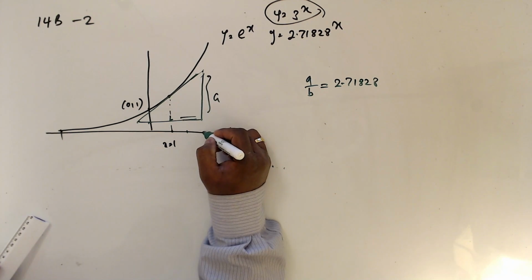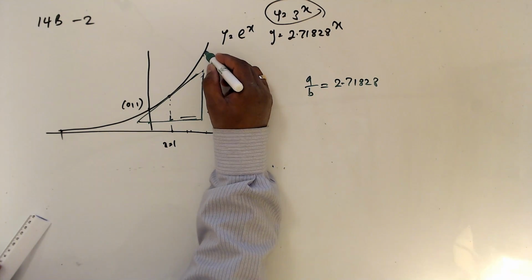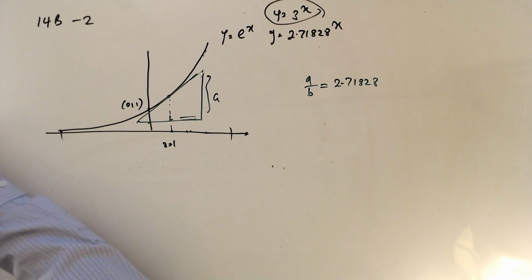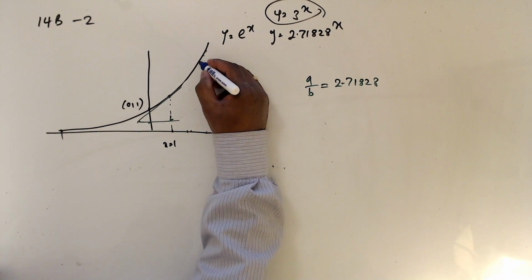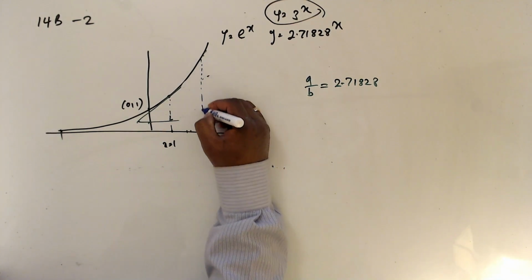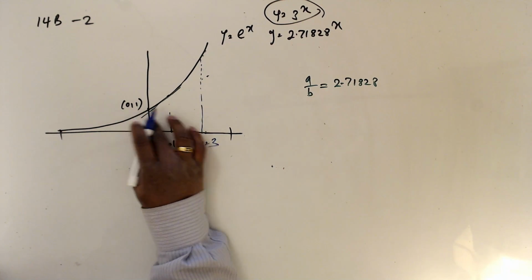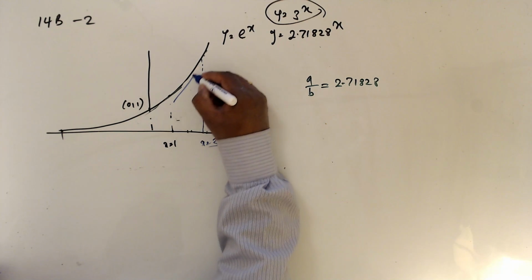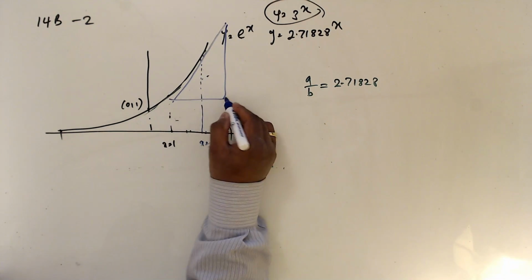And then again it's the same thing you want to do for x equals 3. Draw a line to x equals 3 and find the gradient.